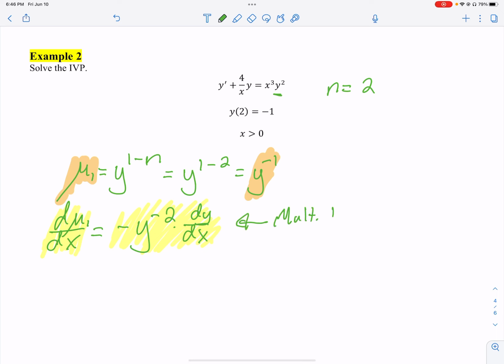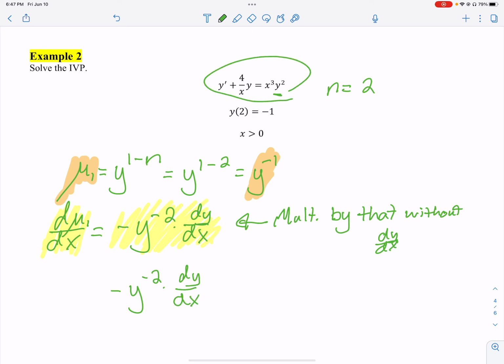I'm taking my DE and multiplying by negative y to the negative 2, but not the whole thing. It's multiply by that without dy dx. We're not going to take that with us. So we're going to multiply that throughout my differential equation.